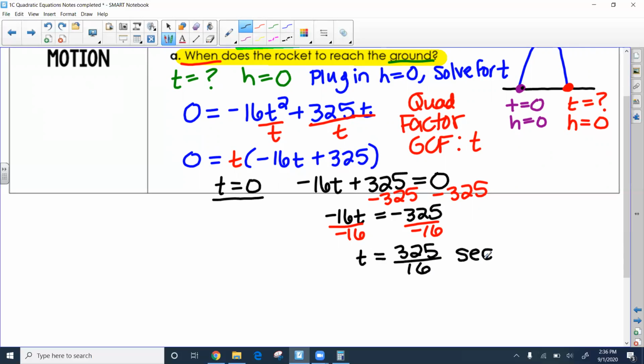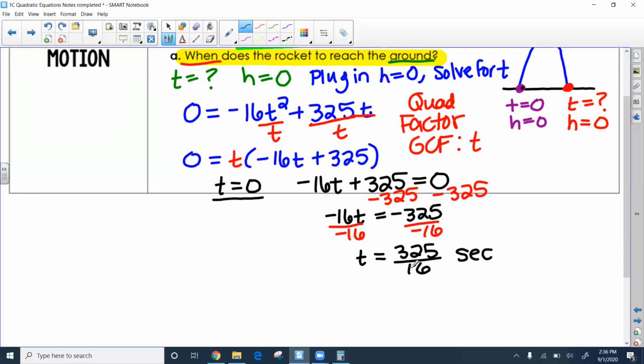Now, remember, I normally tell you to leave your answers as a fraction because they're more exact. But in this case, usually in word problems, it would make more sense to approximate. Because if I told you the rocket hits the ground after 325/16 seconds, you probably still wouldn't know how many seconds that is.